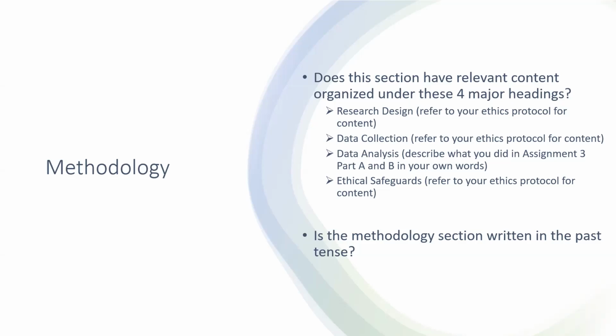That could be anonymity, confidentiality, consent forms. Hind took some really specific ethical safeguards because she was recruiting people from her own organization, so she was careful about who those participants were, etc.